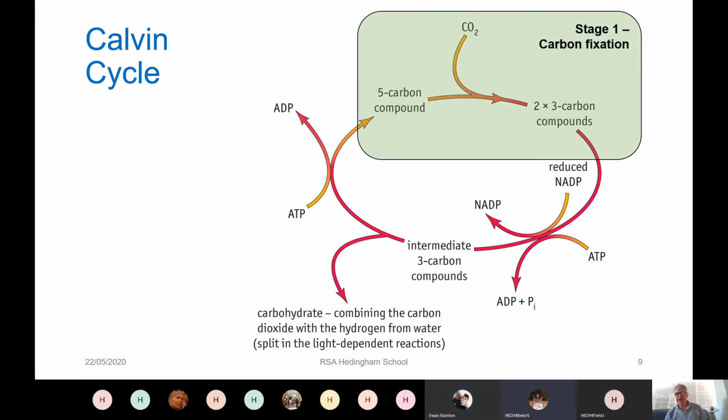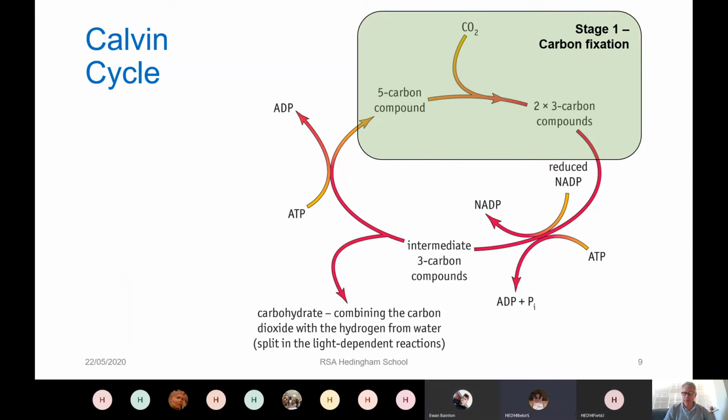So the first stage here is the carbon fixation stage. So the 5-carbon compound is ribulose bisphosphate, RuBP. Carbon dioxide is added to that. That gives us 6 carbons. Now that forms 2 3-carbon compounds, which is GP. And that's the stage that involves Rubisco, the enzyme.